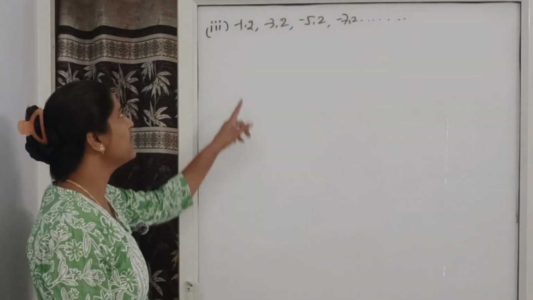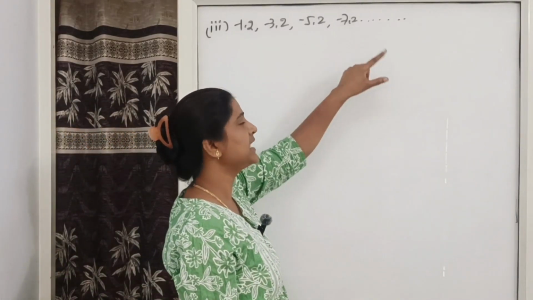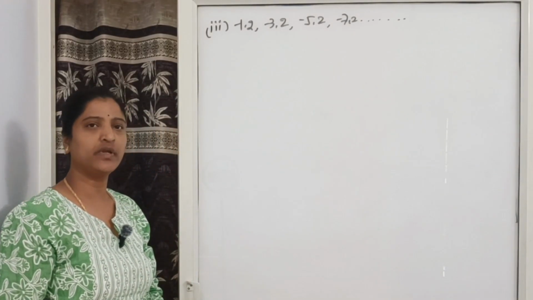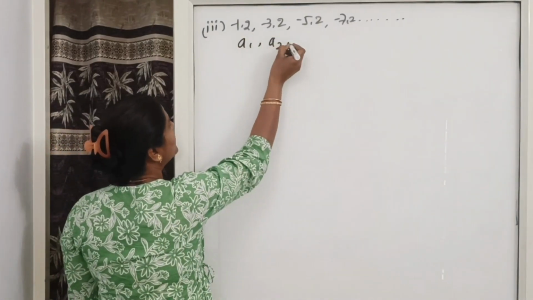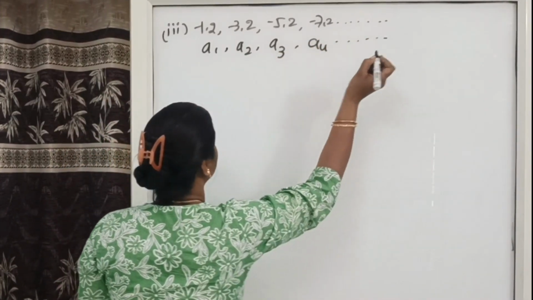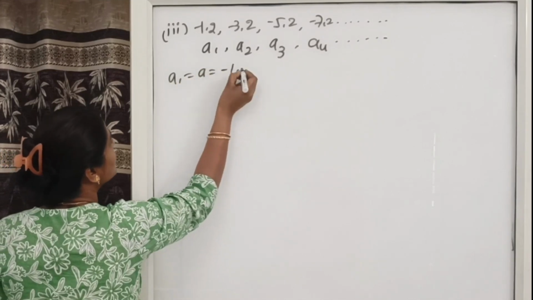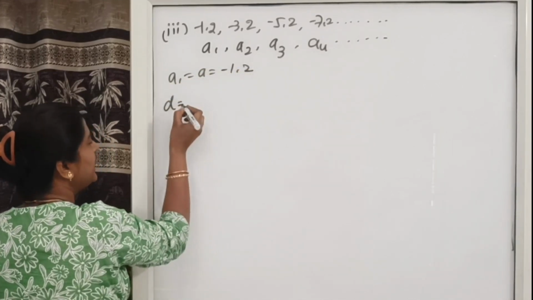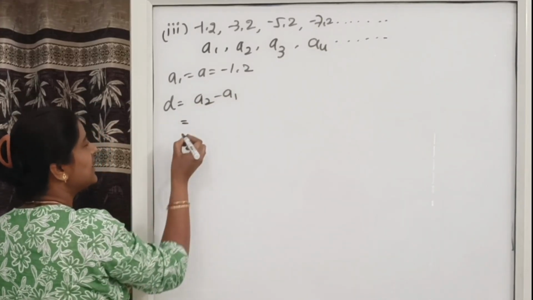The third one is minus 1 by 2, minus 3 by 2, minus 5 by 2, minus 7 by 2, continuation. Let us write A1, A2, A3, A4. A1 is nothing but the first term A, that is minus 1 by 2. And we need to find the common difference, that is the difference of two successive terms.